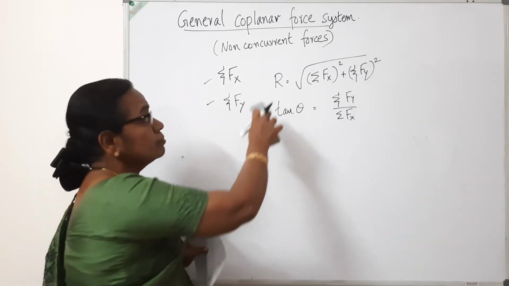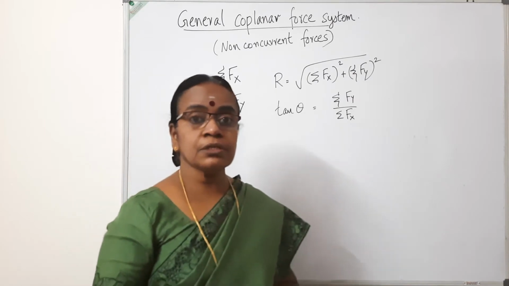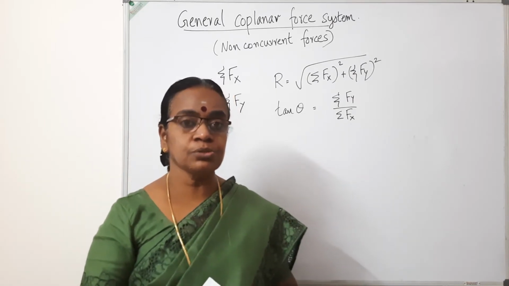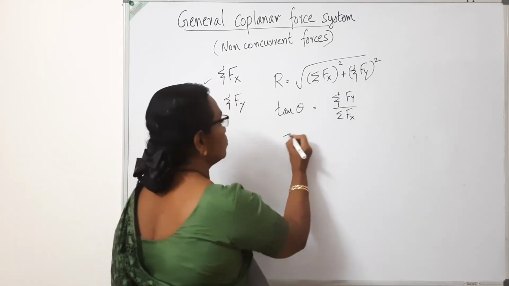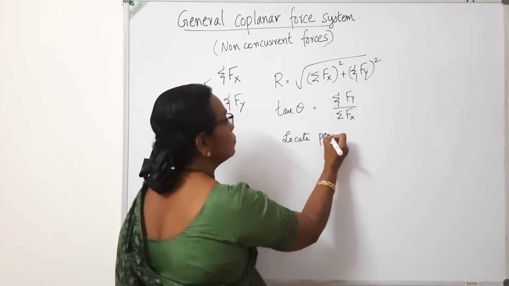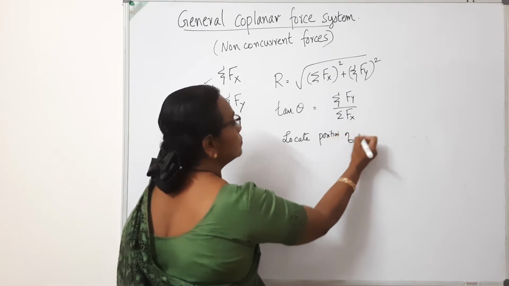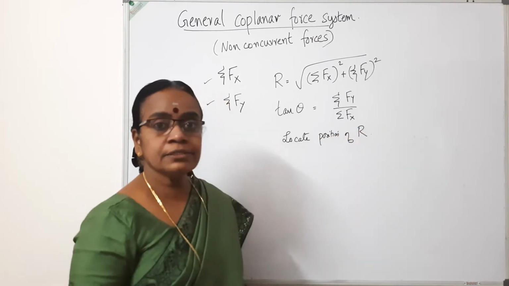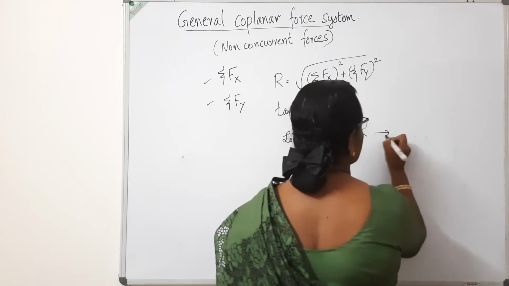Now one more thing: in addition to the direction and magnitude, we have to locate the position also. As we have discussed earlier, to locate the position of the resultant we will use Varignon's theorem.